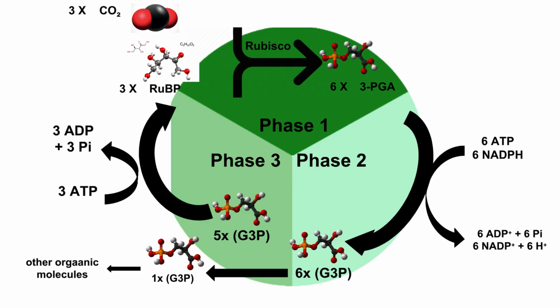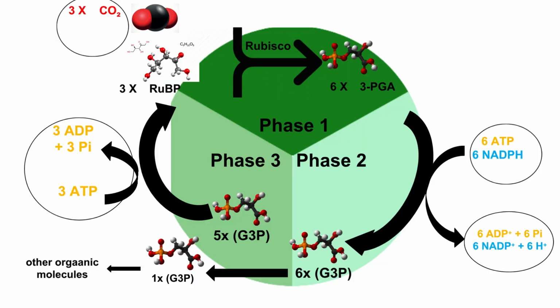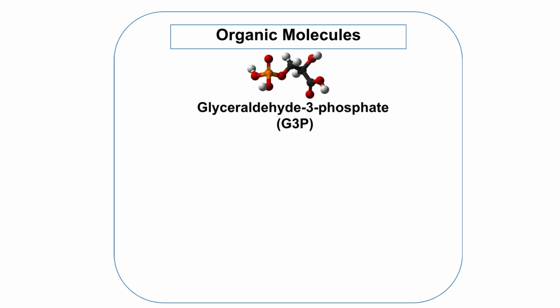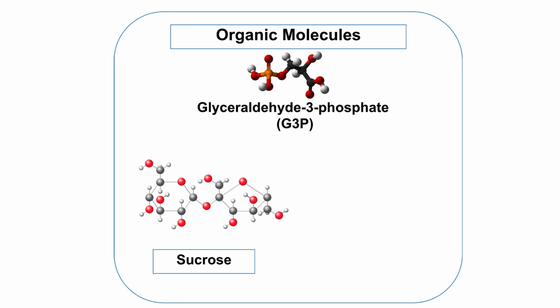Notice that in the Calvin cycle, the energy from ATP and NADPH produced in the light reactions is used to generate one G3P molecule from three carbon dioxide molecules. G3P, the net product from the Calvin cycle, can be used to generate other organic molecules such as sucrose or starch.